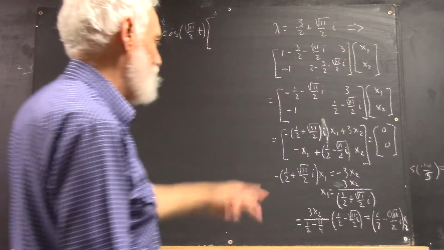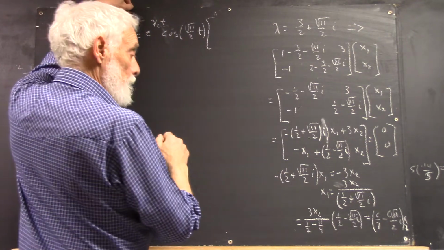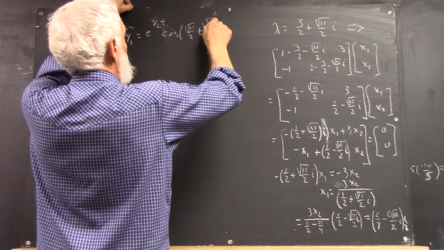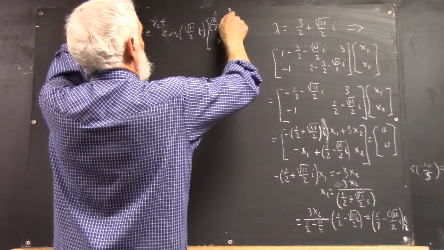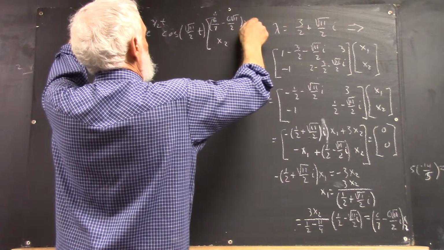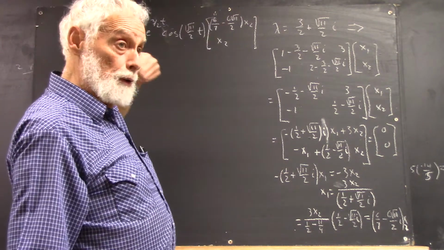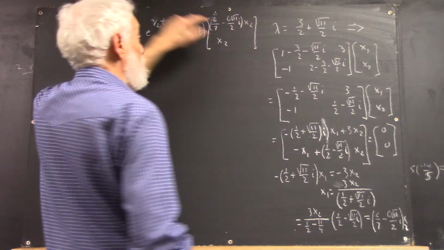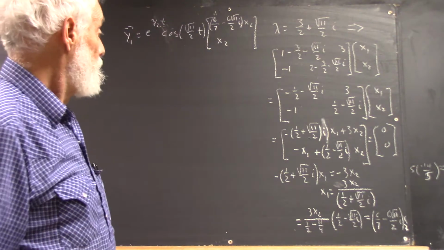It's not written very well, but I think we understand it. So it's x2 times 6/7 minus 6 square root of 11 over 2 x2. Now we plug that back into the original equation, and I left the i off of this. We plug that back into the original equation and see that we have a solution.